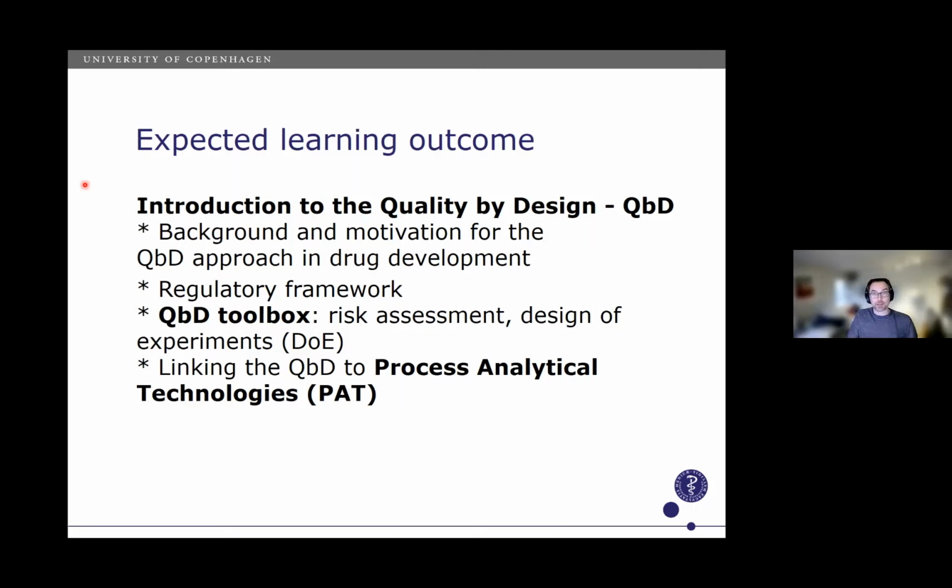Risk assessment is the starting point for identifying the areas of the production or the product design that deserve more attention. When you identify which parts of your product are the most, so to say, risky ones, then you can direct your experimental activities on those. That would be the base starting point for the DOE activities, design of experiments.